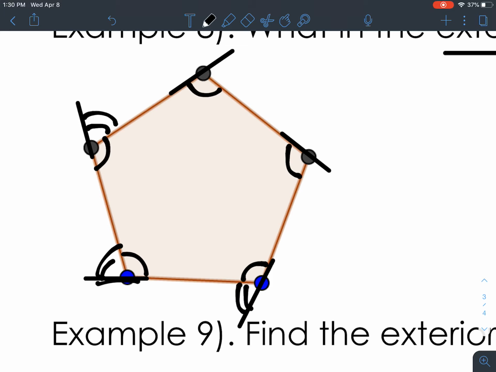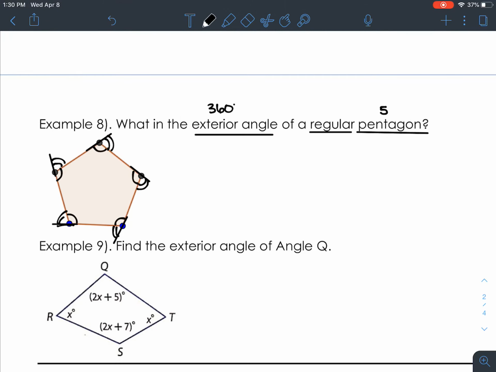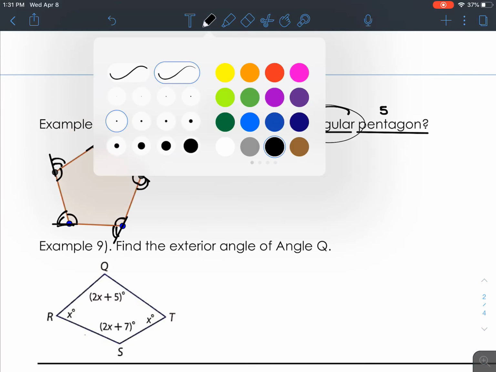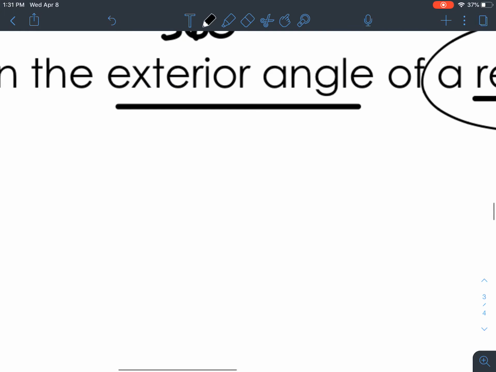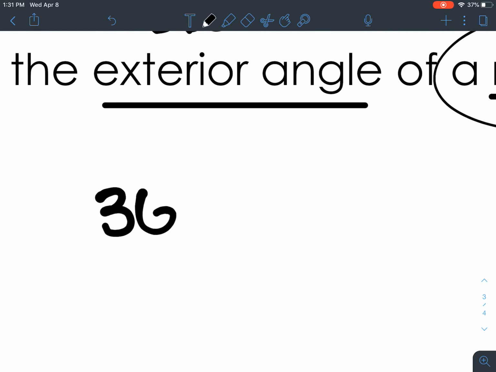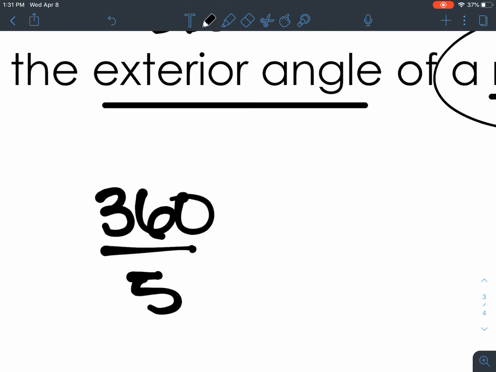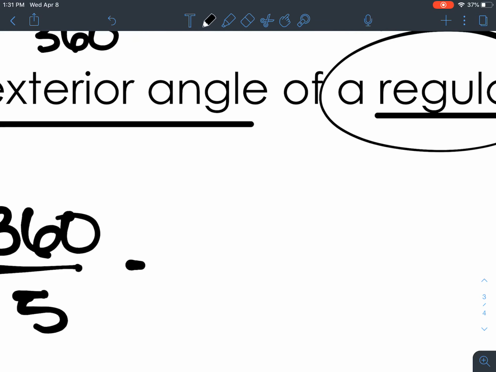So all we're going to do is take the fact that the exterior angles within this regular pentagon have to add up to equal 360 degrees, and they also have to be congruent. So we take 360 and divide it by 5, which means that those have to be equal to 72 degrees.